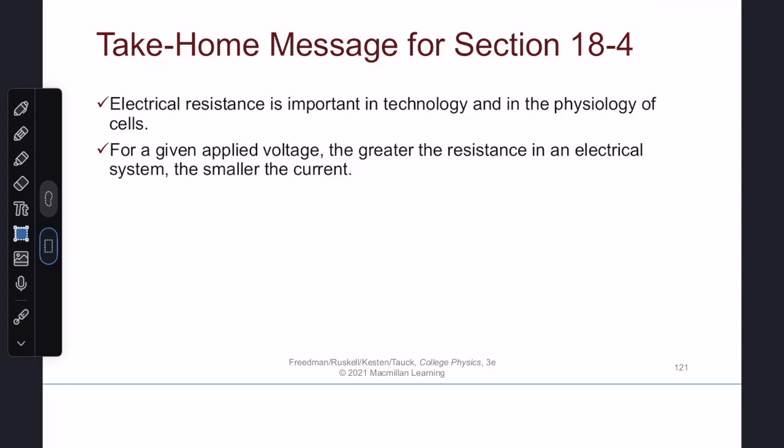So let's review what we talked about so far. Resistance, we defined resistivity, and we saw them applied in physiology of cells, cell biology. The other thing that we saw was the relationship V equals IR.